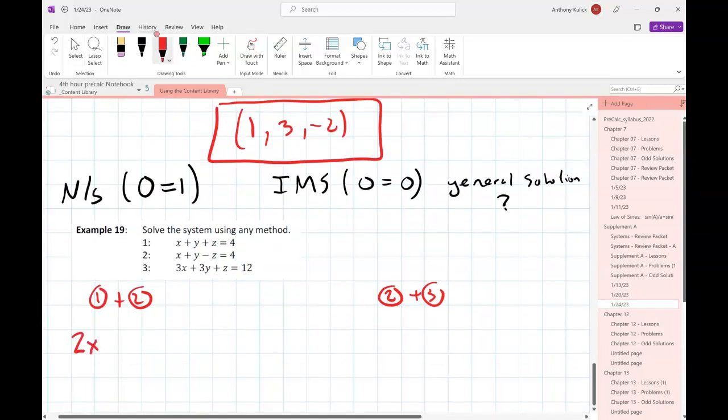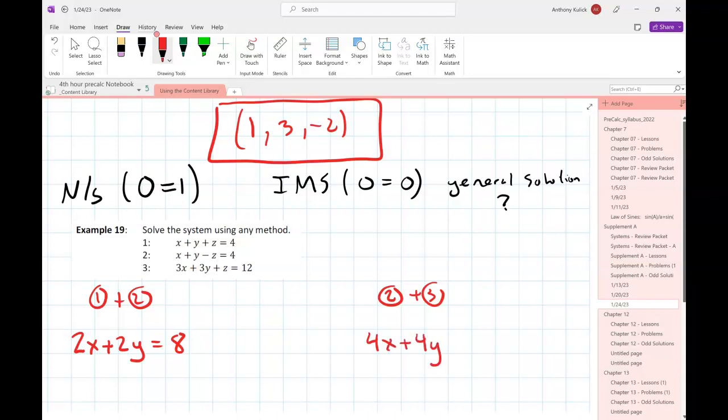So if I do that, I get 2x plus 2y is equal to 8. And then I'm going to get 4x plus 4y is equal to 16. We'll call those equations 4 and 5.